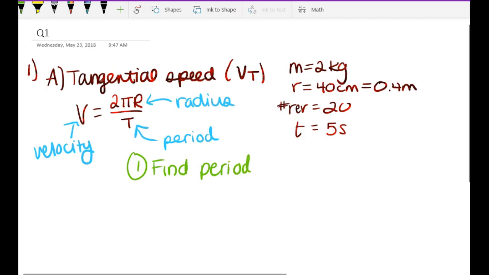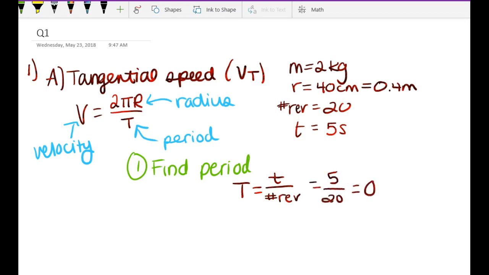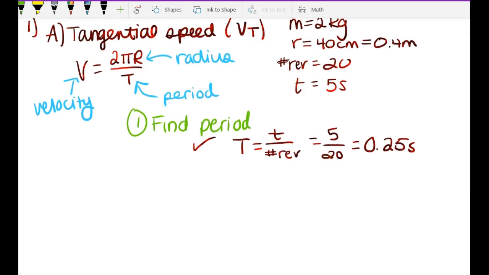We know lowercase t is 5 seconds. So capital T is going to be total time divided by number of revolutions. That gives you the time it takes for one revolution. Total time of 5 divided by 20 gives you a period of 0.25 seconds. Now that period gets plugged into your velocity equation, where velocity is 2 pi r divided by period.